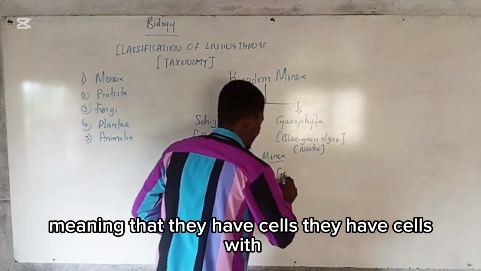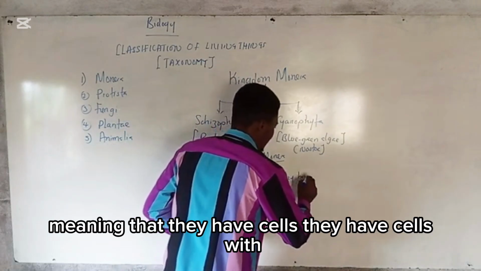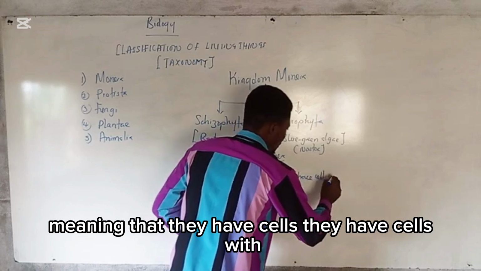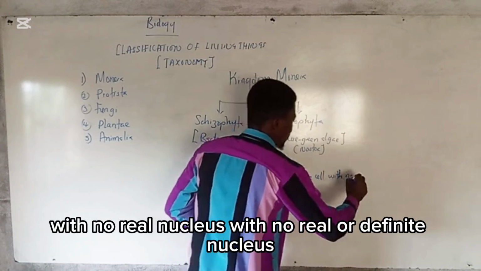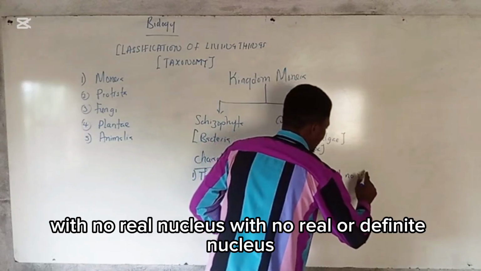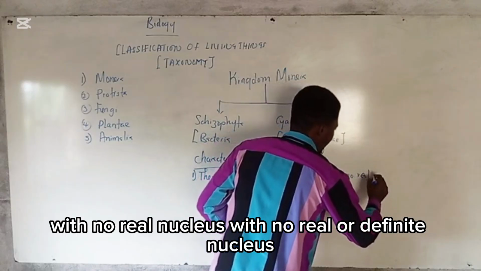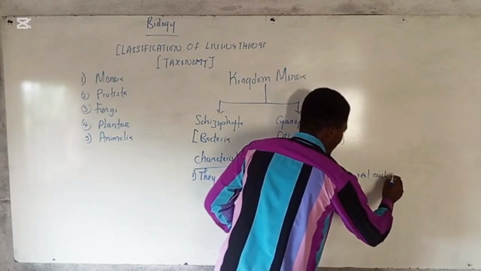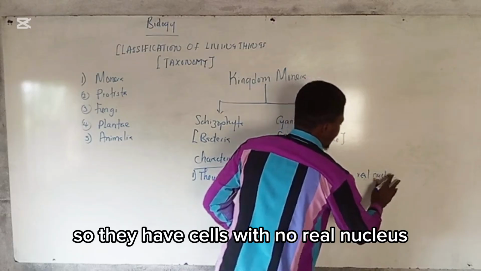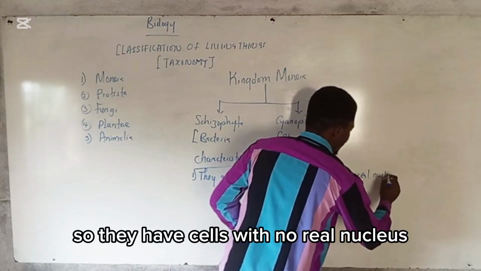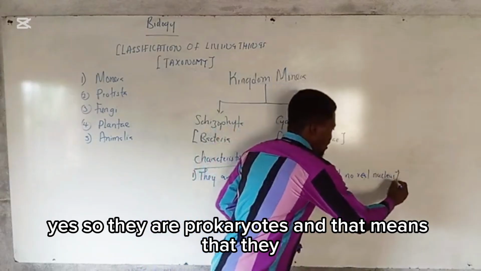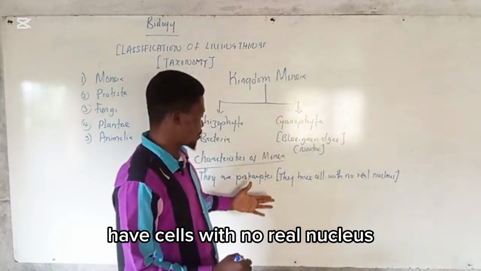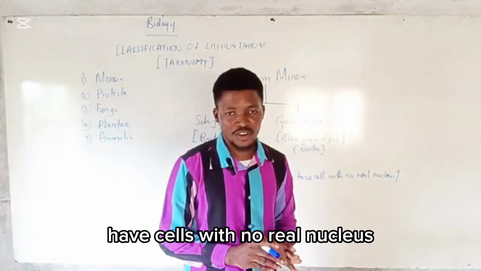Meaning that they have cells with no real or definite nucleus. So they are prokaryotes, and that means that they have cells with no real nucleus.